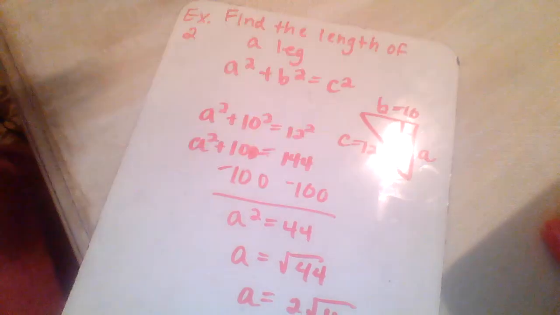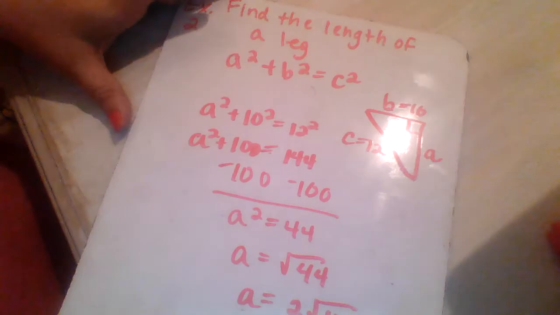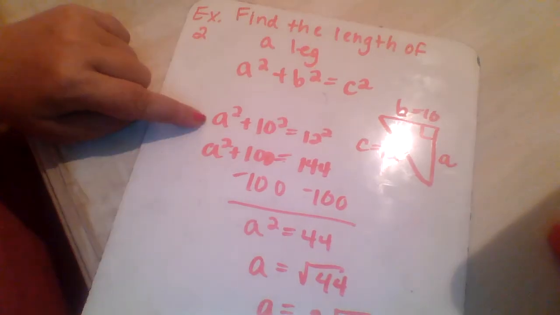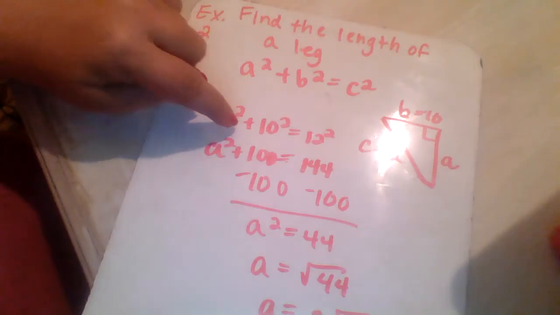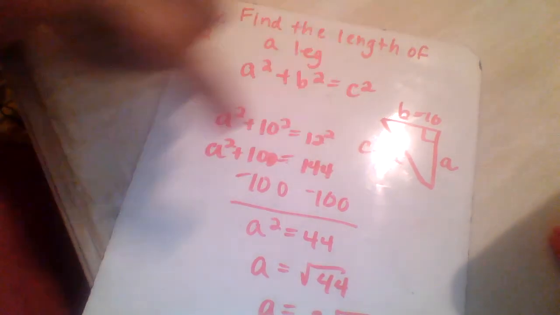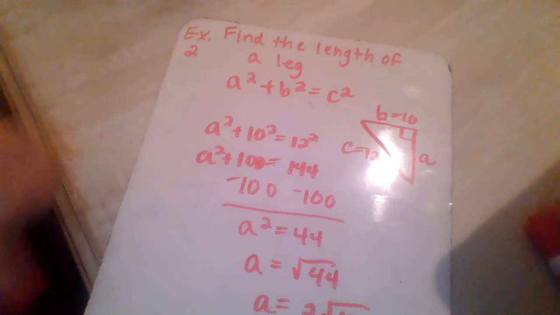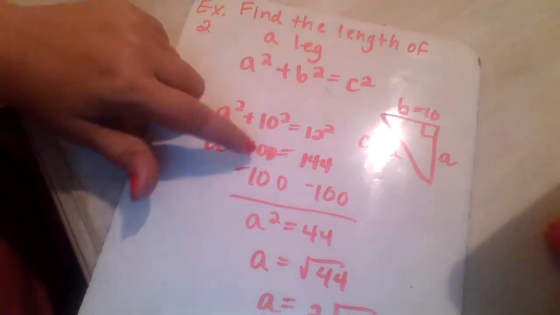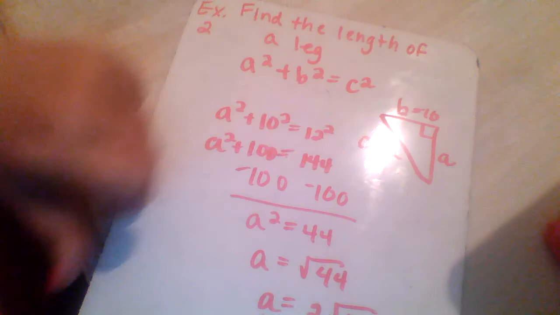But we're looking for another leg that makes up this right triangle. So we would say a squared, we don't know a, plus b squared, which is 10 squared, equals c squared, which is 12 squared. And that would give us a squared plus 100 equals 144.